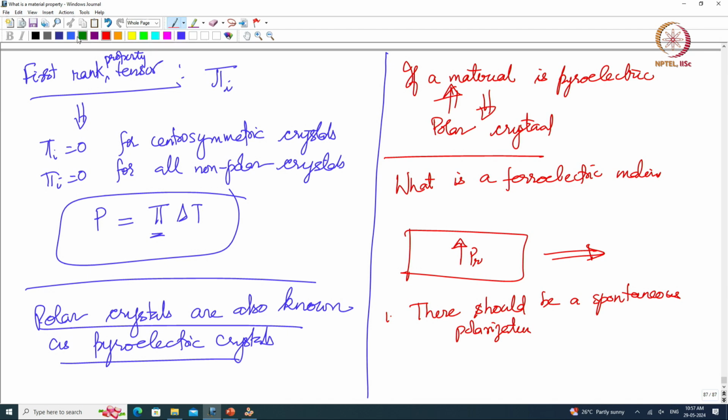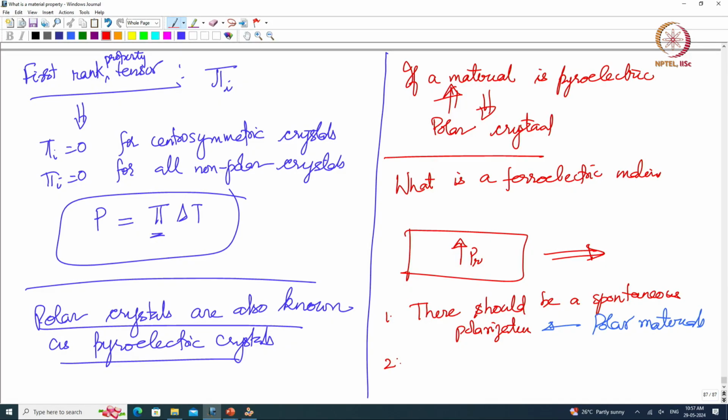From a symmetry or crystallography point of view, the database of materials where you search for ferroelectric materials contains only materials with polar point groups. We said that spontaneous polarization only exists in polar materials. So, from symmetry arguments, a ferroelectric should be polar, but that is not enough. You need a spontaneous polarization.